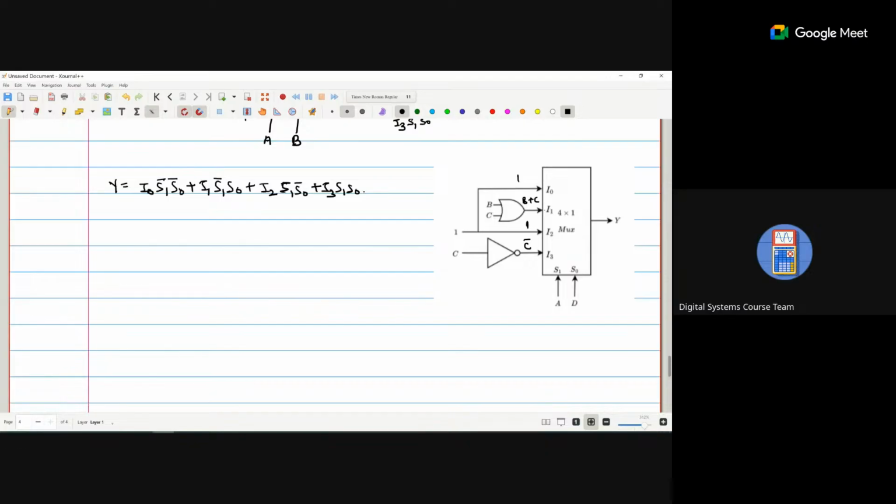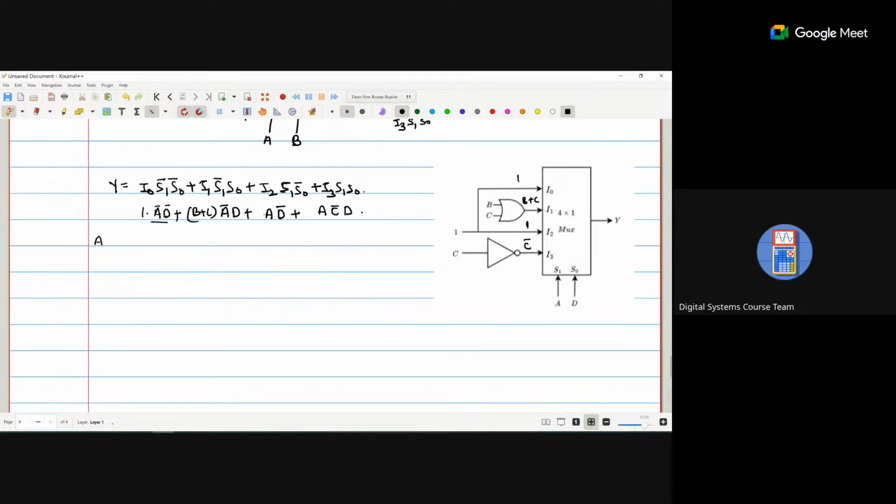So what is I0? It is 1, A bar D bar. Plus I1 is B plus C, A bar D. Plus I2 is again 1, so it is A D bar. Plus I3 is C bar, so it is C bar D. Okay.